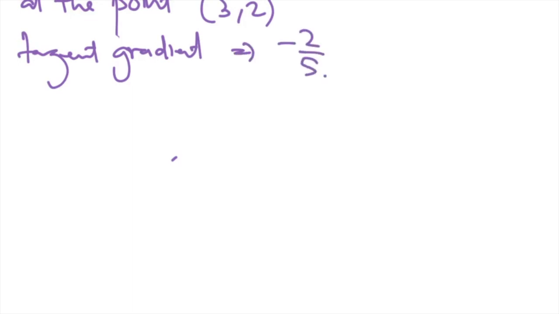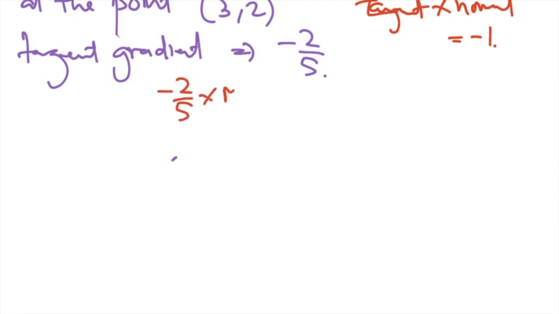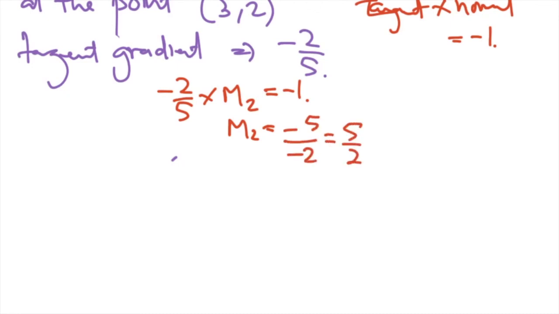So we know tangent times normal equals -1. Therefore, -6 over 5 times m2 equals -1. So m2 is +5 over 6. So the normal gradient is +5 over 6.